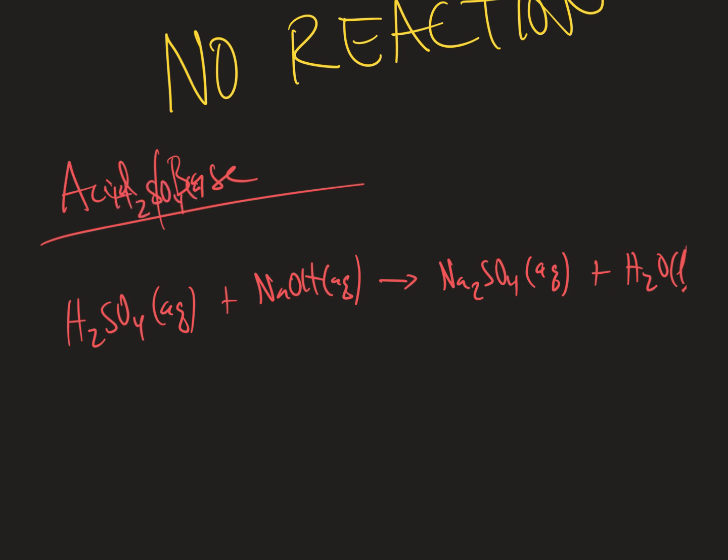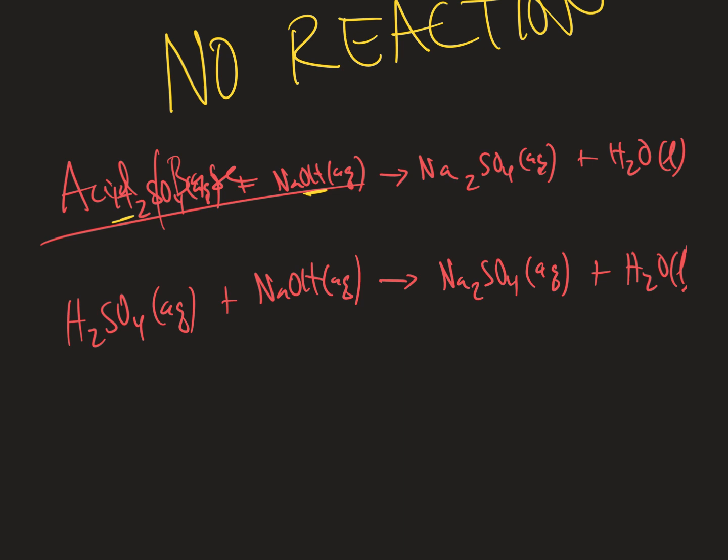H2SO4, aqueous, plus sodium hydroxide, aqueous, gives us sodium sulfate, aqueous, and H2O as a liquid. We can see there's the acid and there's the base, right? So this is an acid-base reaction.